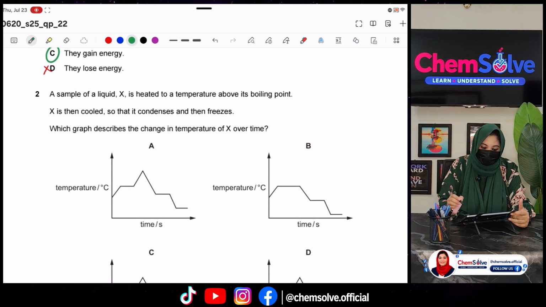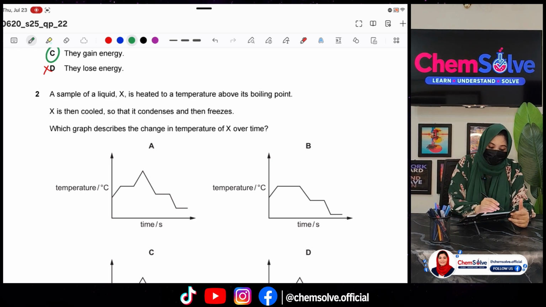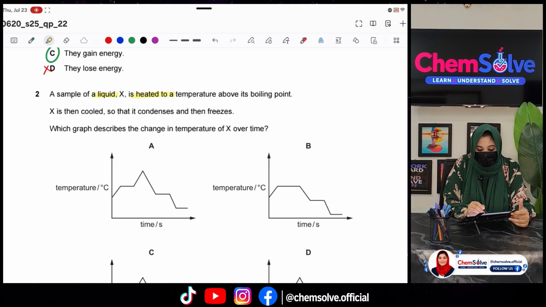Now move towards question number 2. A sample of the liquid X is heated to a temperature above its boiling point. This phrase is very important. Liquid X is being heated, and then it moves above the boiling point. It is then cooled, so it condenses and then freezes.